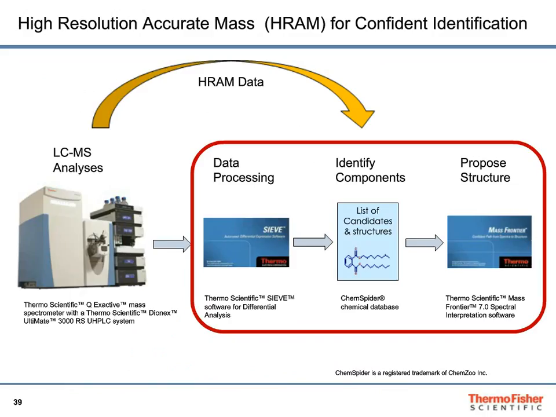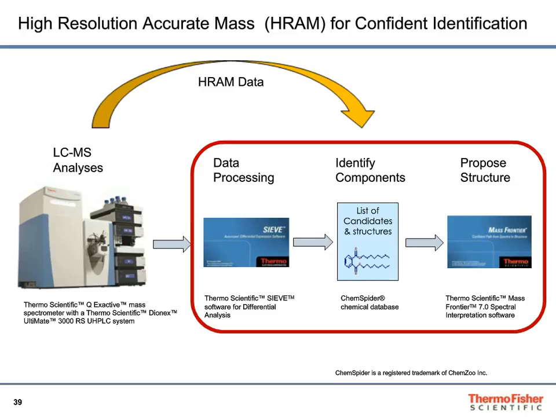You just use the Q Exactive, and all the data acquired is simply put into the software, and then you can identify it either by your own library or through ChemSpider. And if you have doubt, just simply use the Mass Frontier to predict the structure through the Mass Frontier fragment mechanism function.